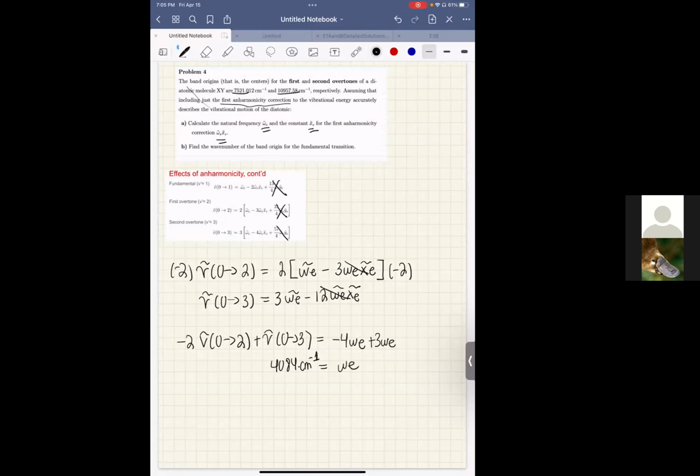And then we can just plug this in, and I'll say the first equation.